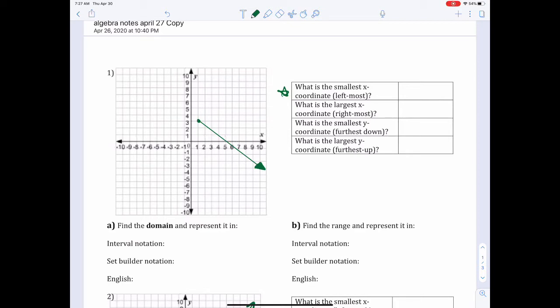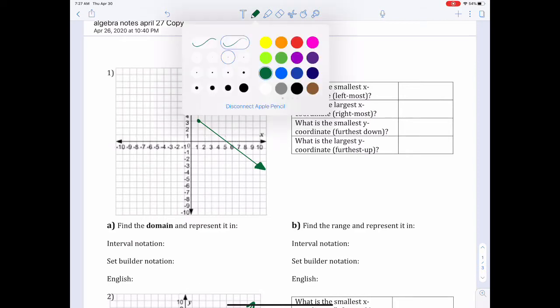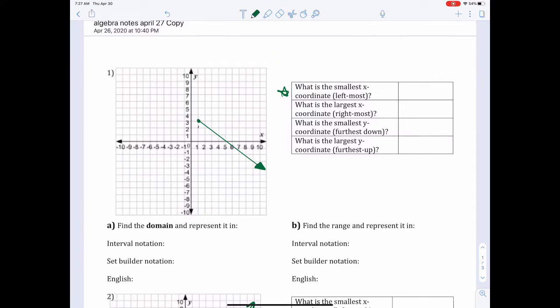So what is the smallest x-coordinate? Well, if you look here, the smallest x-coordinate is 1. What is the largest x-coordinate? Well, it's really not 10 because this means it keeps going. And then if you were to continue the x-axis, this would be like 15, 20.